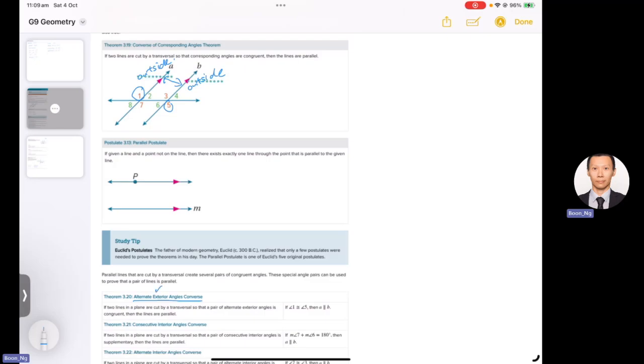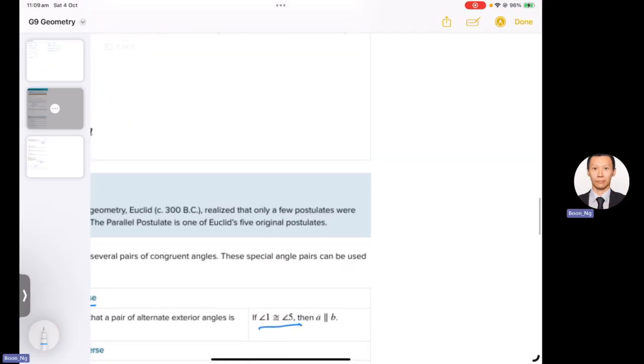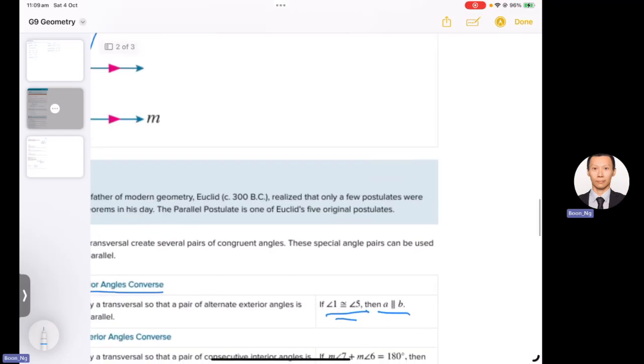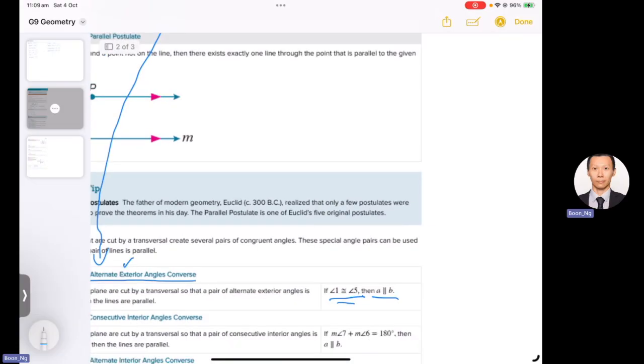Because they are on different sides of the transversal, it's alternate. The statement says if angle 1 and 5 are congruent, then line A must be parallel to line B.